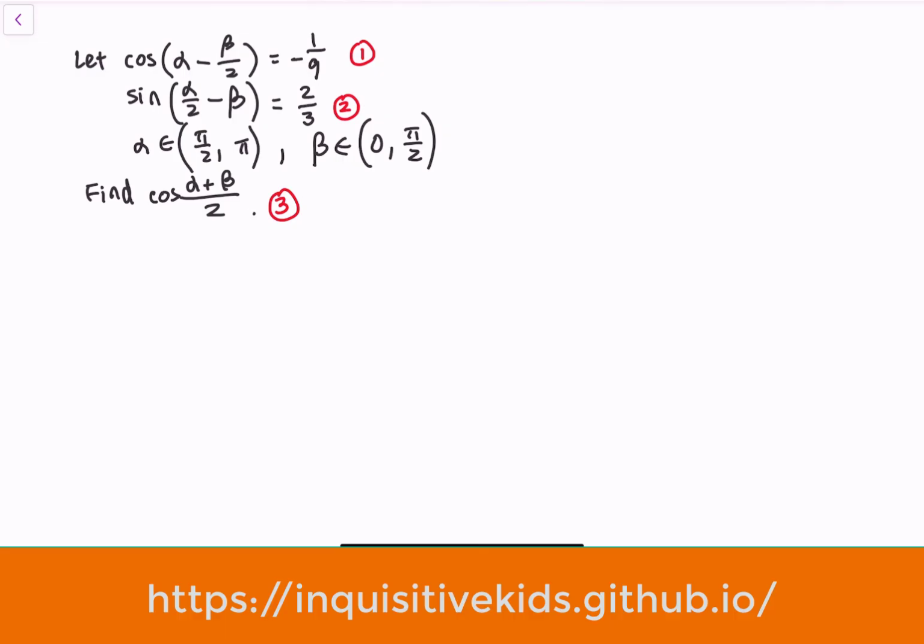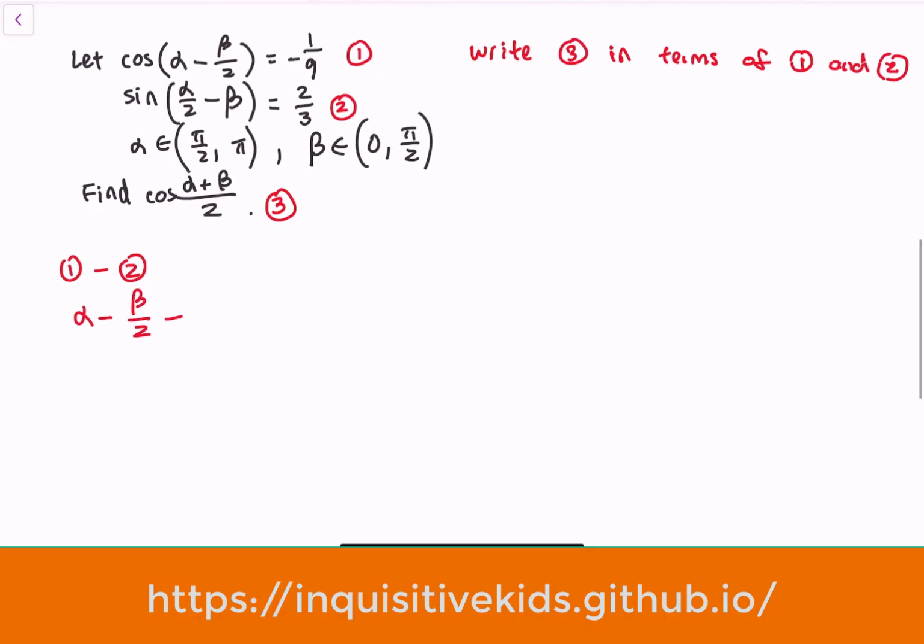In a case like this, we always try to write the unknown, in this case 3, in terms of the known, in this case 1 and 2. Well, if we take number 1 and we subtract 2 from it, what do we get? We have alpha minus beta over 2 minus alpha over 2 minus beta.